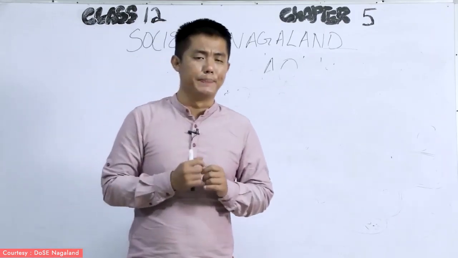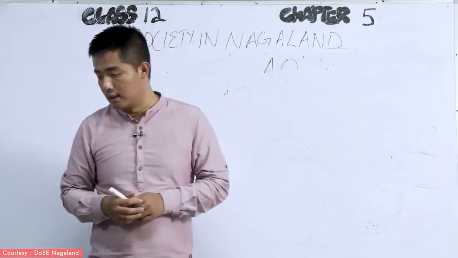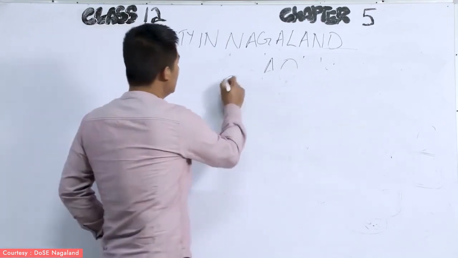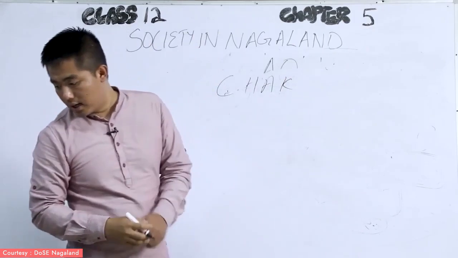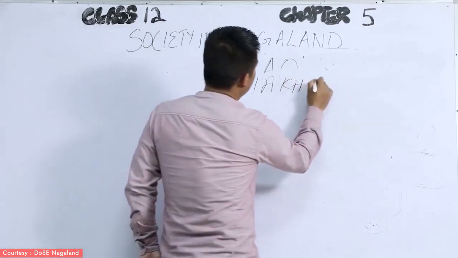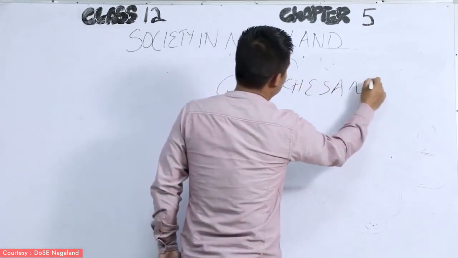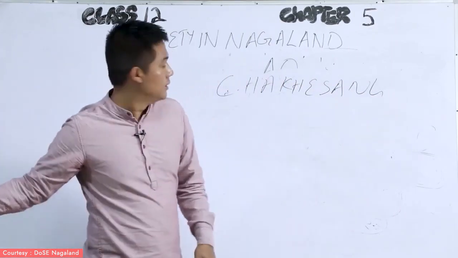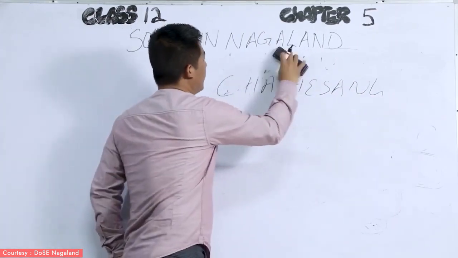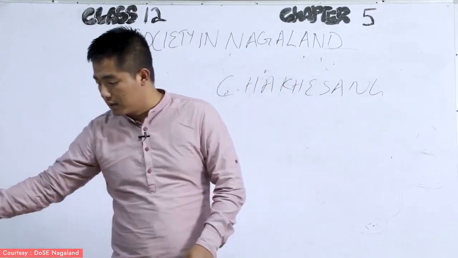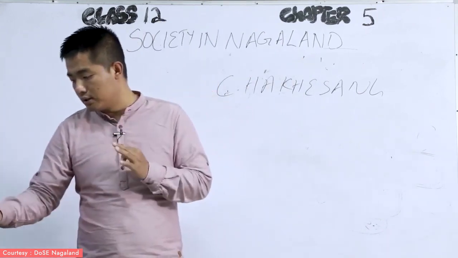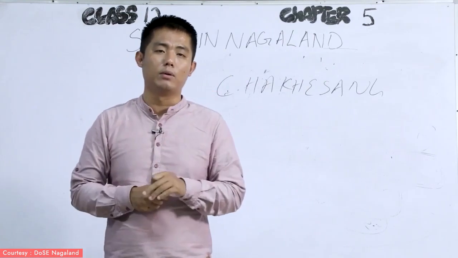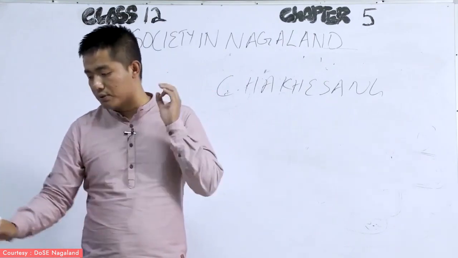The next group of people are called Chakhesang, C-H-A-K-H-E-S-A-N-G. Now, this group of people, Chakhesang, is an acronym derived from three names of three tribes.